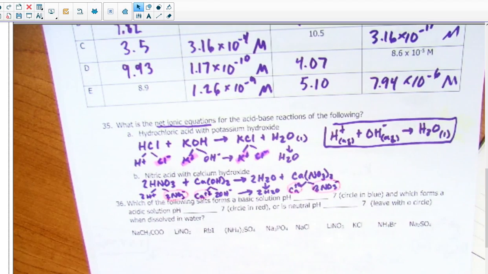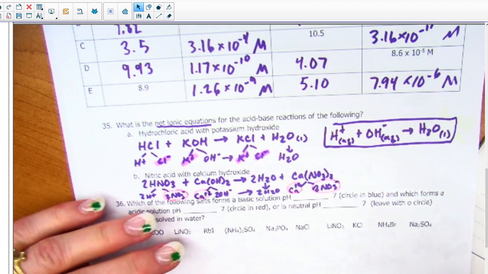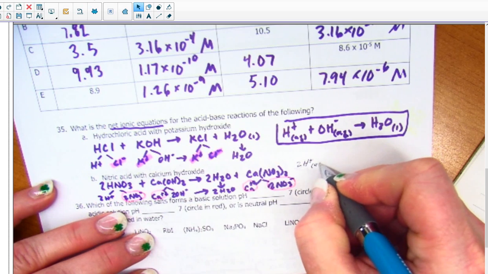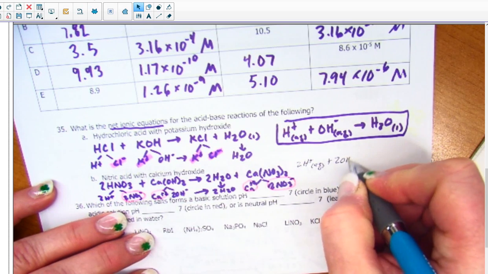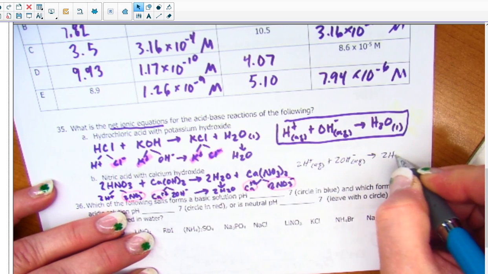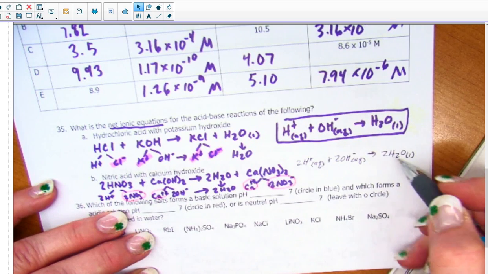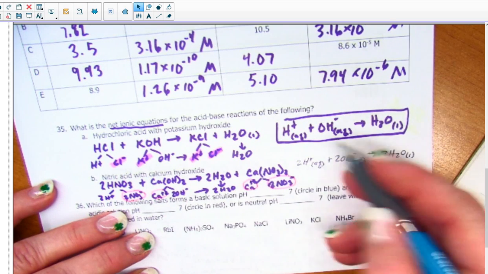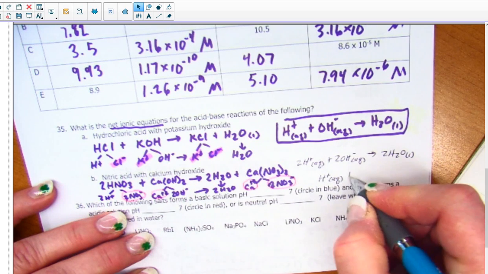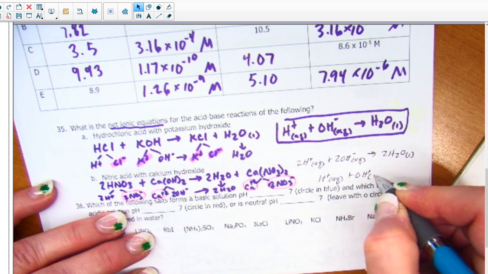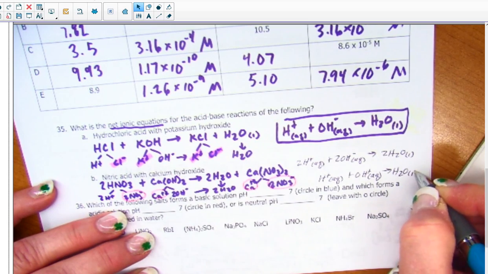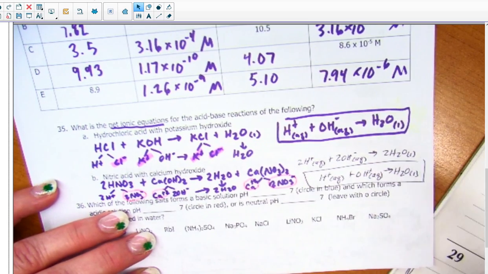Well, we end up with 2H plus aqueous plus 2OH minus aqueous goes to 2H2O liquid. Well, what we know is the 2's will cancel, so basically my net ionic equation is the same as above, being H plus plus OH minus yields H2O as a liquid. And that's my answer.